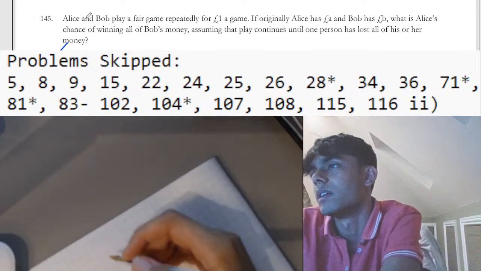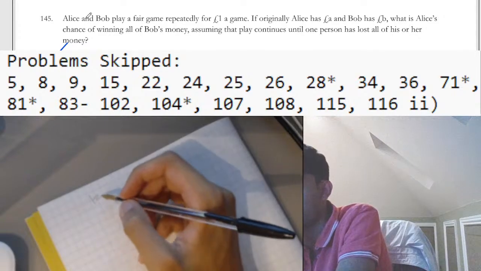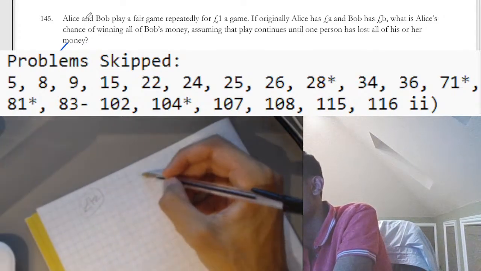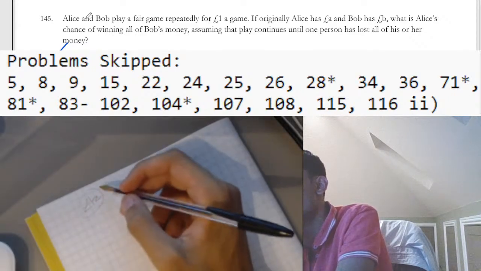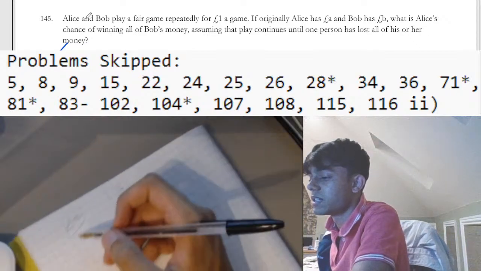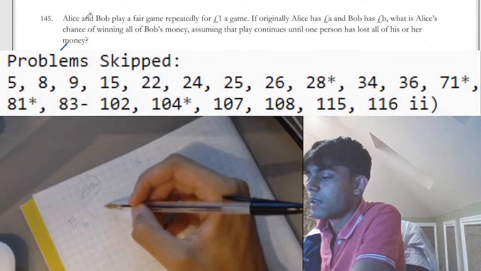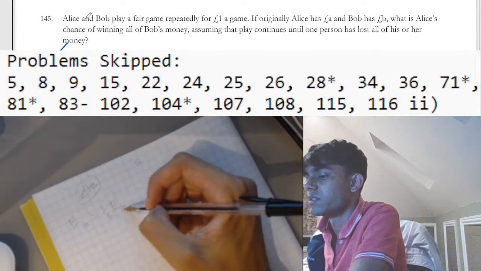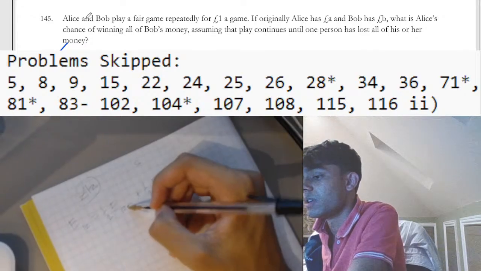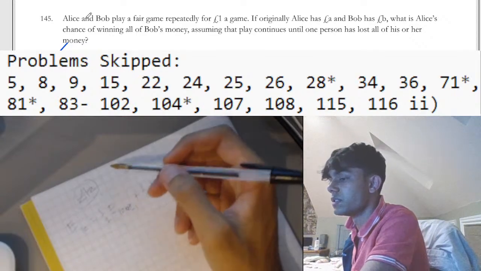You need some sort of induction type thing. Because if you look at the probability, for a given sum S, look at the probability of winning if you have K. Well, it's a 50% chance. So the expected value when you have K is half the expected value of K minus 1 plus half the expected value of K plus 1. Because there's a half chance you go to K minus 1 and a half chance you go to K plus 1.